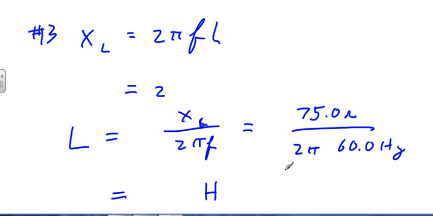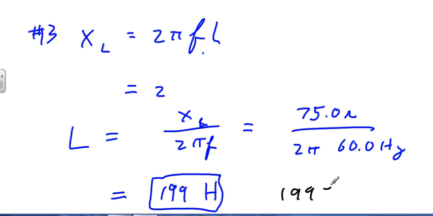So to three significant digits, I have 199. If I had my marker, there it is, 199 Henry. But there's nothing wrong with having 199 ohms per hertz. There's no technical reason that isn't right.